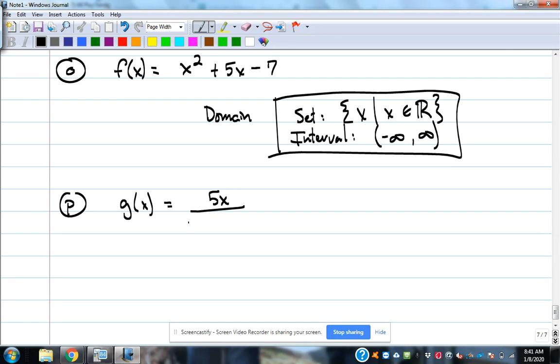5x over x plus 3. Do either of the red flags come up in this one? Well, that thing's a big old fraction. Are there any x's in the bottom? Yes. That's where the problems can happen, okay?